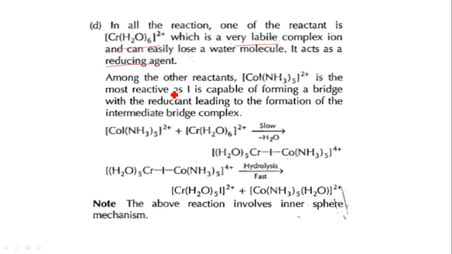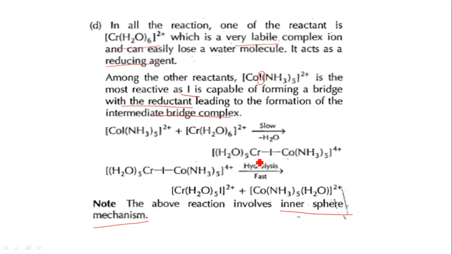It acts as a reducing agent because it is a labile complex. Among all the reactants, Co–I, this complex containing iodine, is most reactive, capable of forming a bridge on the reductant, leading to the formation of an intermediate bridged complex. All the pairs show an inner sphere reaction mechanism, where the bridge is formed by the halogen between 2 metal ions.